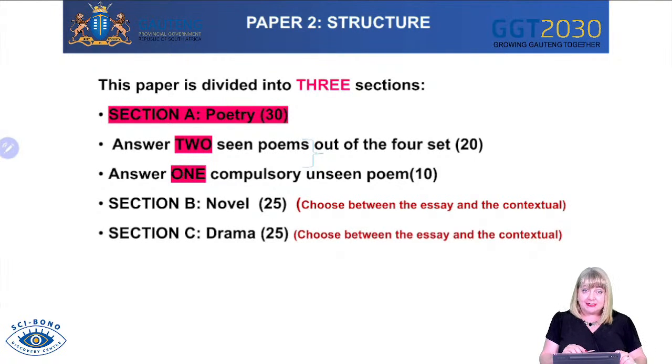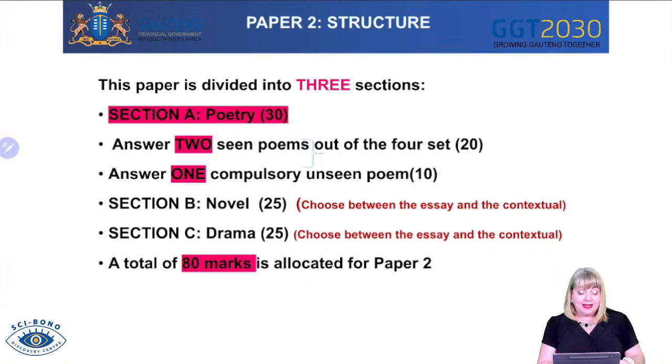They'll give you a checklist to help you keep track of what you need to answer. So if you get into the paper and you're feeling uncertain, just read, and everything that you need to know will be there. And then, of course, the total for this paper is 80 marks, and you get 2.5 hours. And that excludes your reading time.